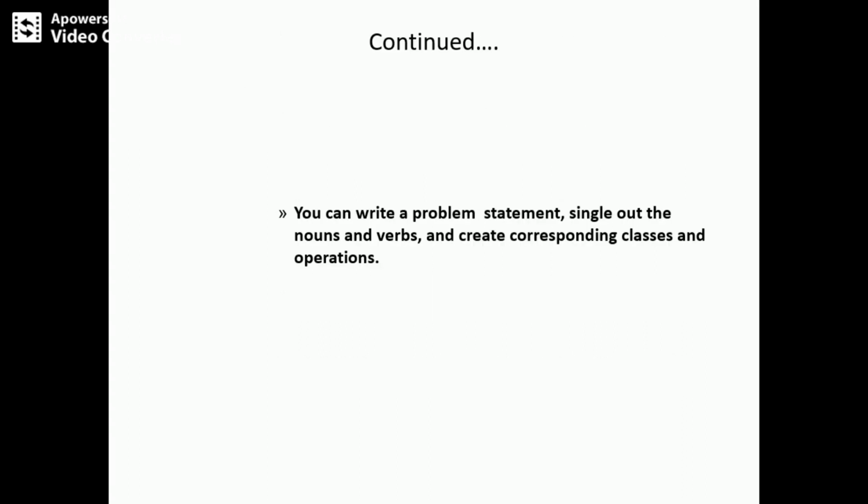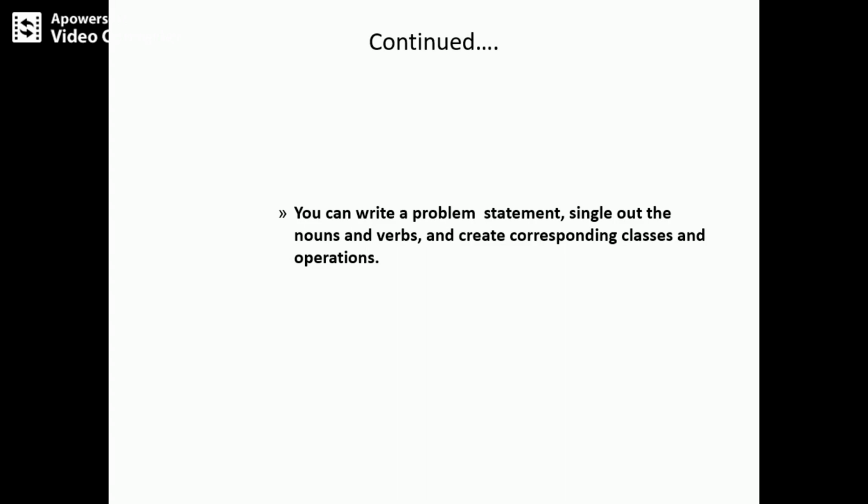Here they have given one scenario. You can write a problem statement, any kind of problem statement, single out the nouns and verbs, and create corresponding classes and particular operations. This is one scenario we can apply to the design part. So we write a passage, something like an English essay.